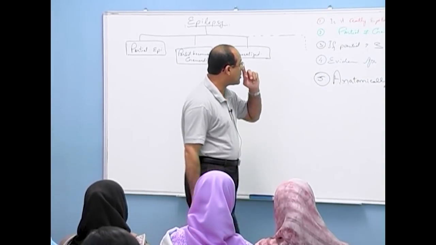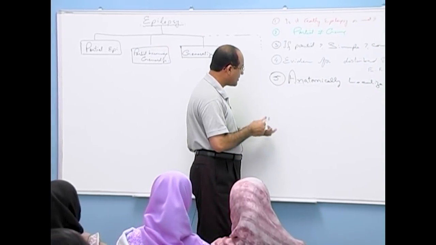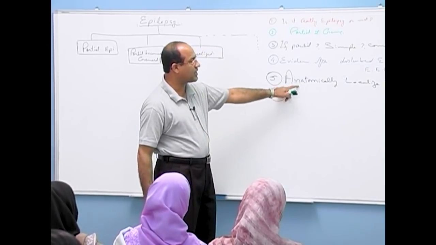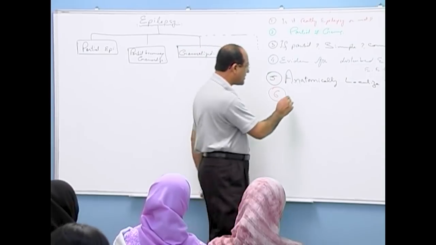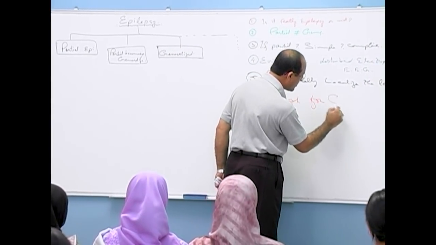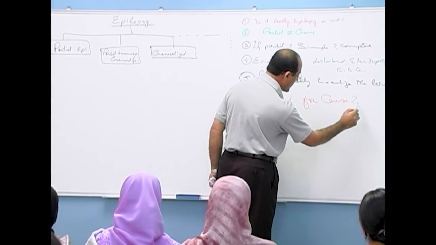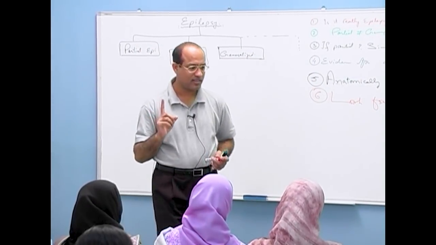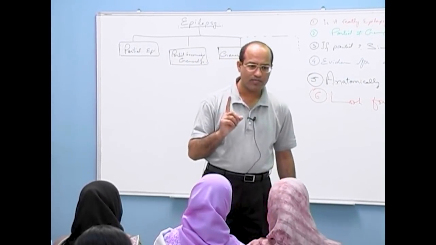Now, what is the next thing? You come to the real question: once you have anatomically localized, look for the cause. What is the cause? Again, let me repeat it. A patient of epilepsy came. Question number 1: is it true seizure or pseudo seizure?